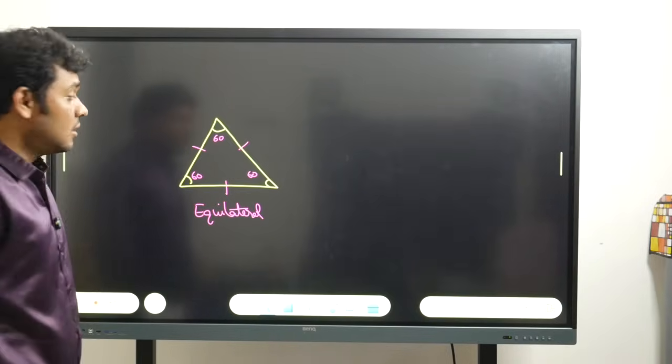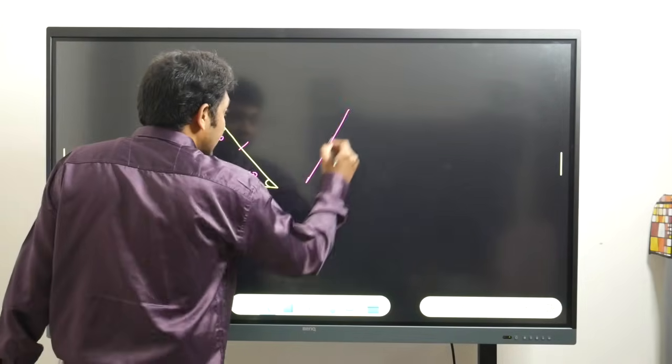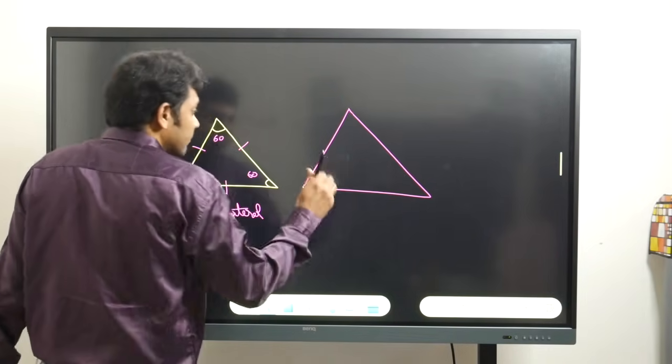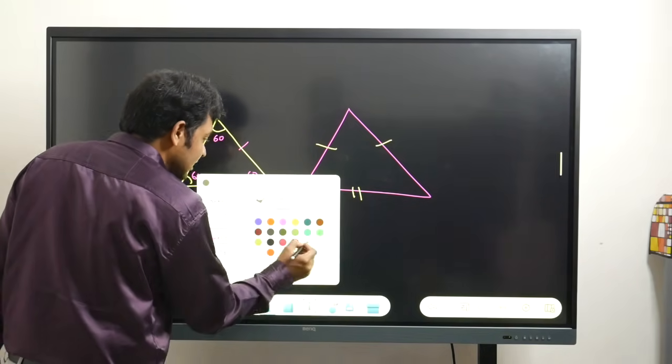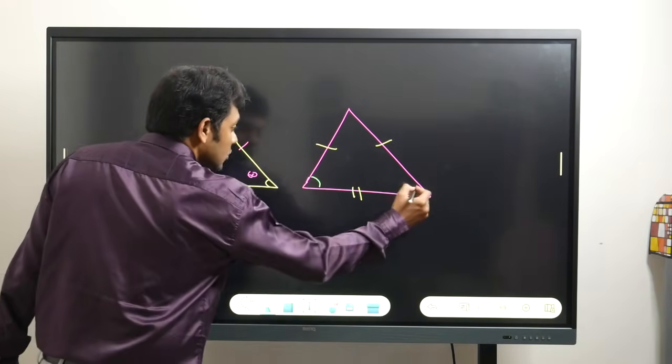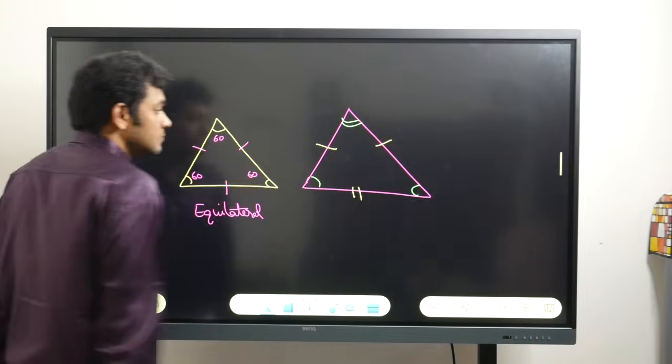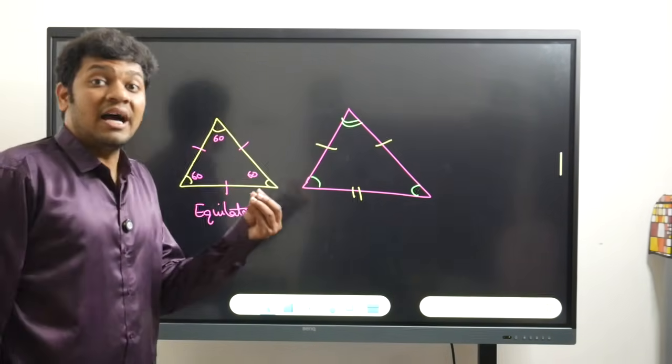Right? Equilateral triangle. Now, if two sides of a triangle are equal, and this is the unequal side, their corresponding angles will also be equal. So these two angles are equal, and this is the unequal angle. It's called an isosceles triangle.